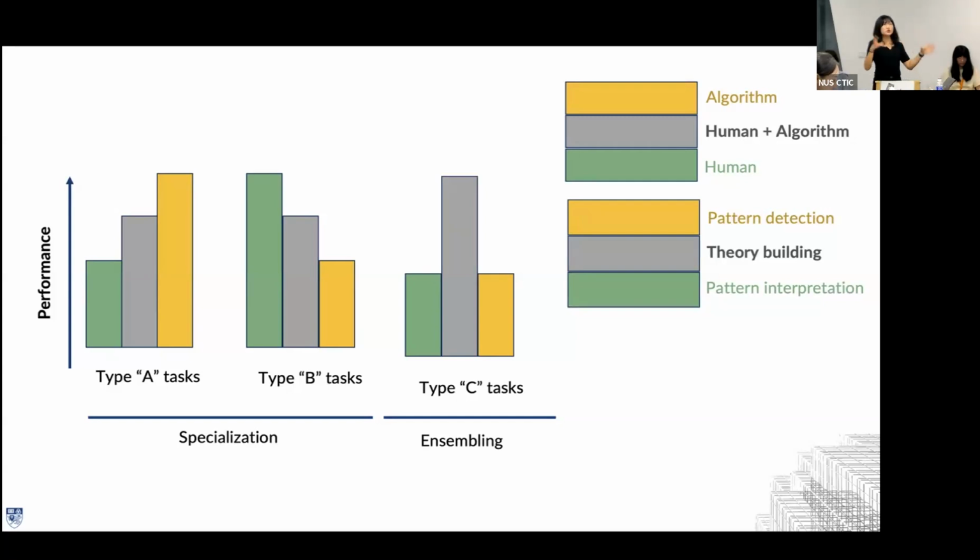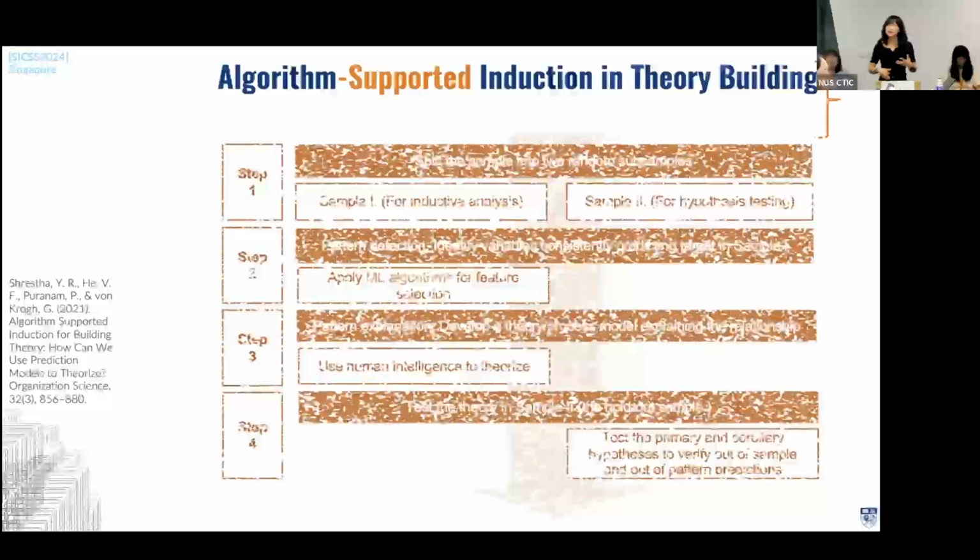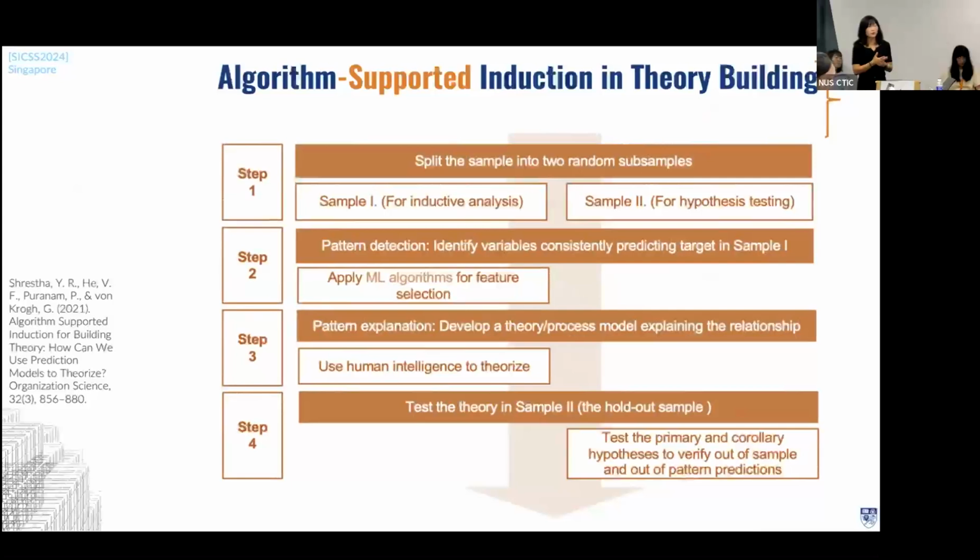So with this general setup, 2-3 years ago, my collaborator published a theory paper where they laid out a few steps that if you want to use algorithm to support your theory induction process, these are some of the things that you can do. So first, we have access to a certain data set, and we want to split the data set into 2 random subsamples. And when we use the machine to detect pattern, we're never going to touch sample 2.